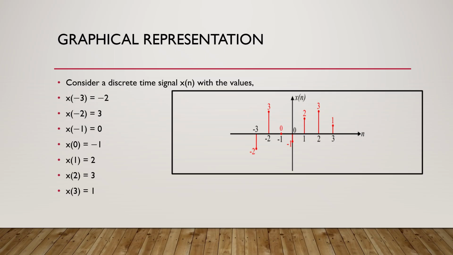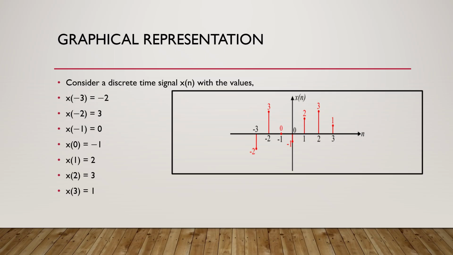Moving on to the first representation, that is graphical representation. This is a graphical way of representing the signals. Given x of minus 3 equal to minus 2. We draw two axes, x of n with respect to n, and plot the values on the x-axis: minus 3, minus 2, minus 1, 0, 1, 2, 3.